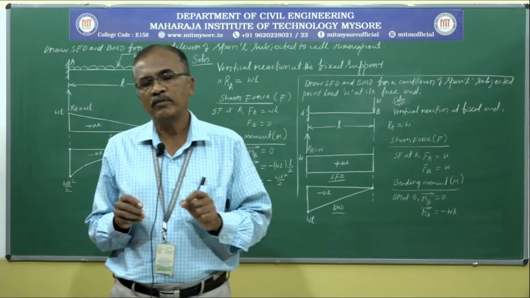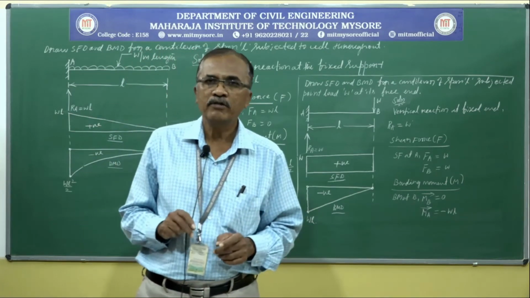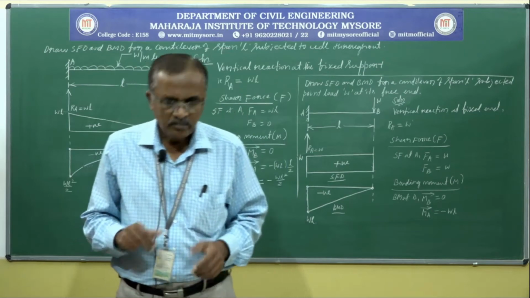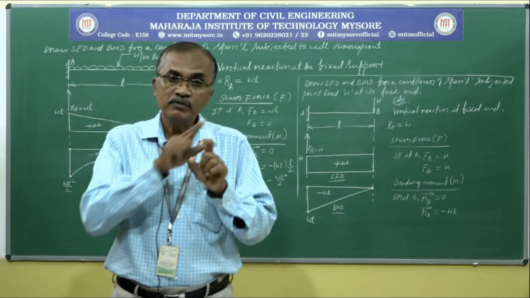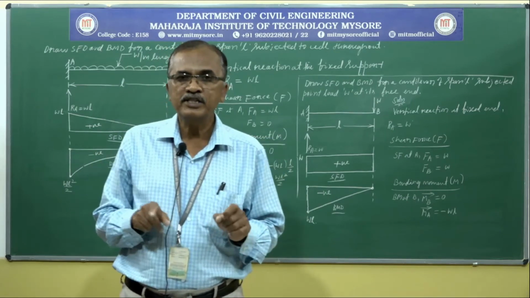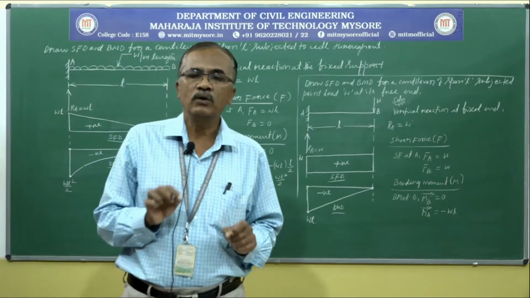That change point of bending moment from positive to negative or negative to positive we designate as the point of contraflexure. By using the same concept, if they give the problem in a descriptive manner in sentences, we can draw the loading diagram.